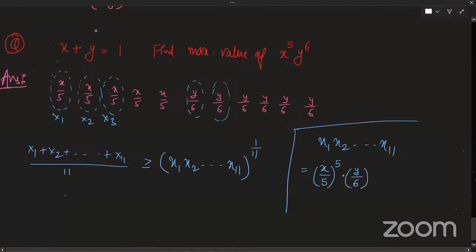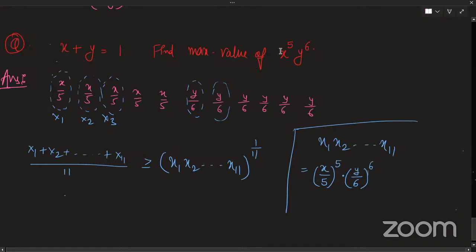Correct. So what we are doing is, in order to adjust, I need x raised to 5 multiplied by y raised to 6. This is what I need. So definitely they are multiplied, so this will be on the GM side. I can for sure say that they have to be on the GM side.